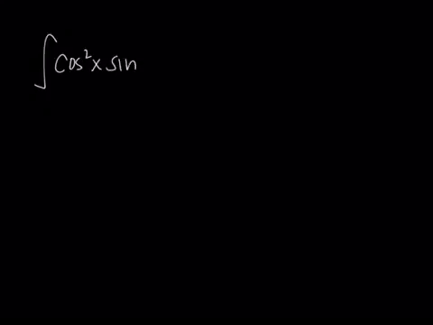Let's consider the integral of cosine squared of x sine to the 3rd of x dx. So now we have one even and one odd. What would we do then?